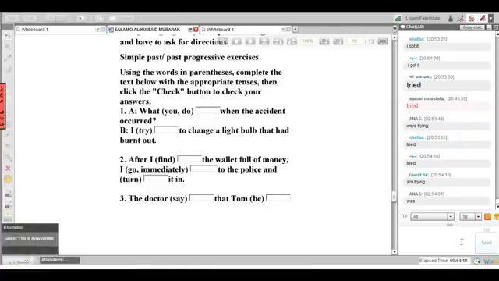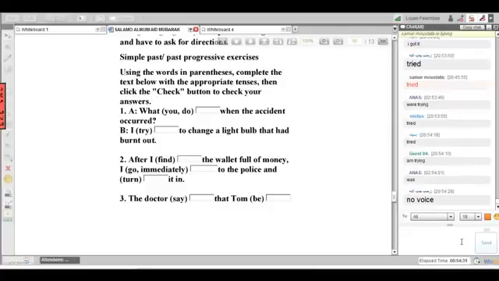This one links two phrases or two sentences. What you do is the question and the accident occurred is another sentence. Okay? Shifa, you said are you doing, it's a present continuous, and we are talking about past continuous.